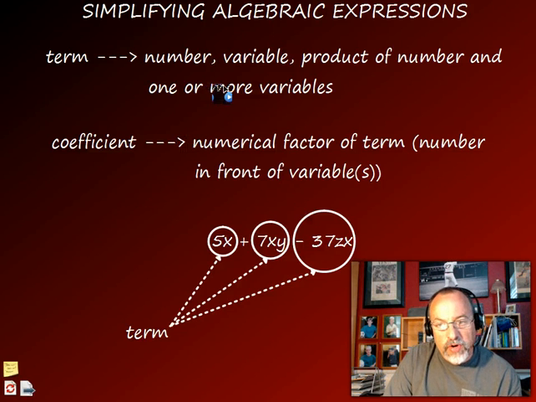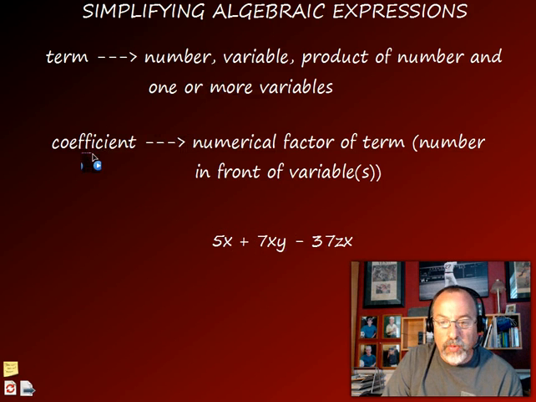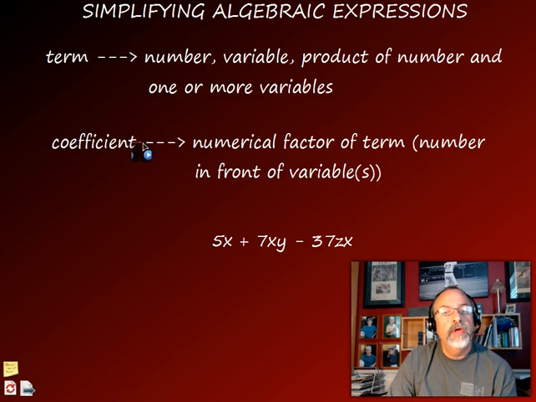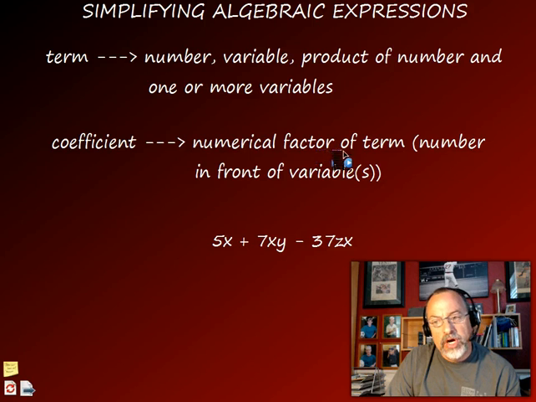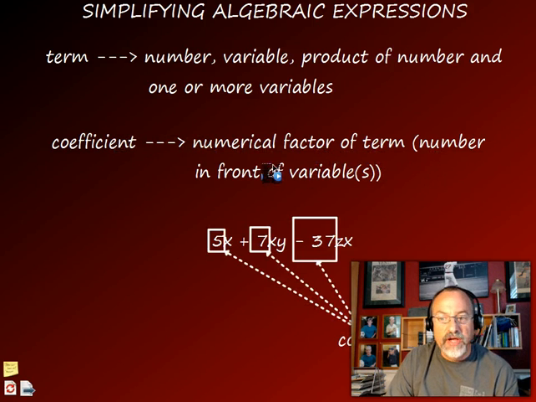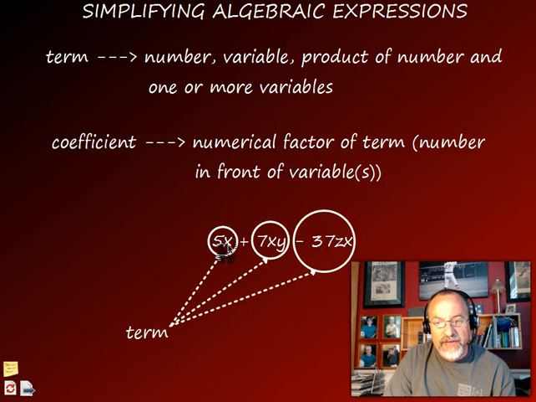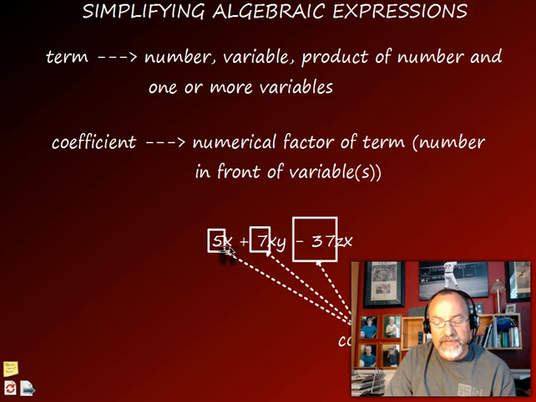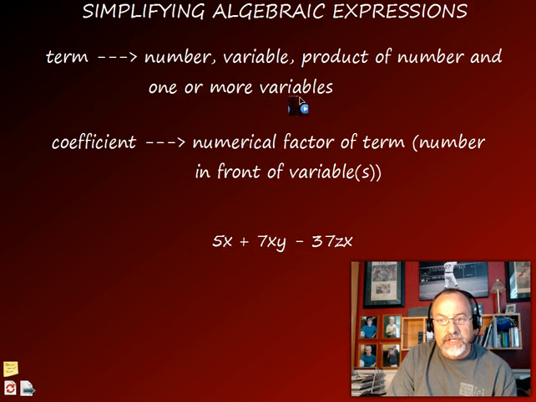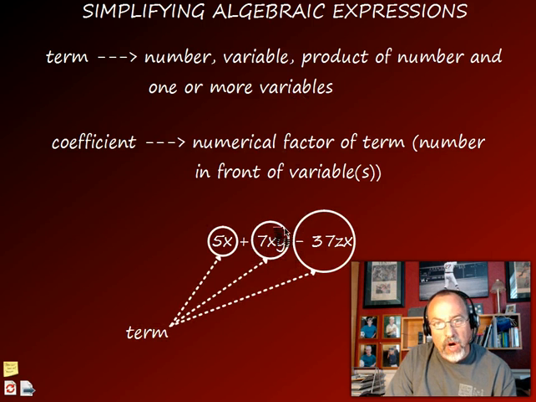Now, another word is coefficient, and we're going to use this a lot this year, so make sure you really get this definition down. The coefficient is the numerical factor of a term. Basically, it's the number that's in front of all the variables. So here I have the term 5x. The coefficient of that term is 5. That's the number that's in front. The second term is 7xy.